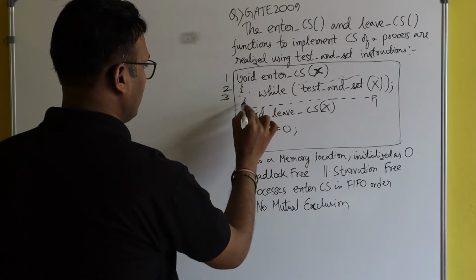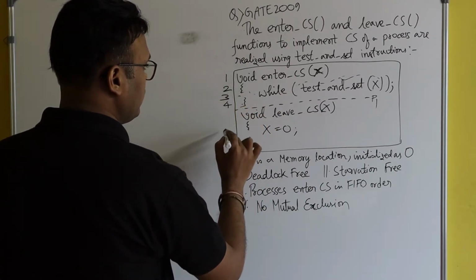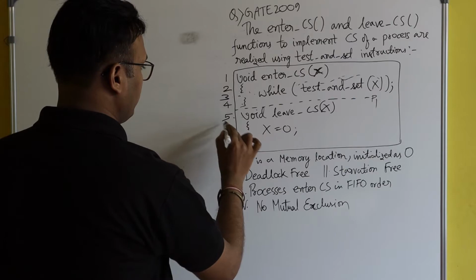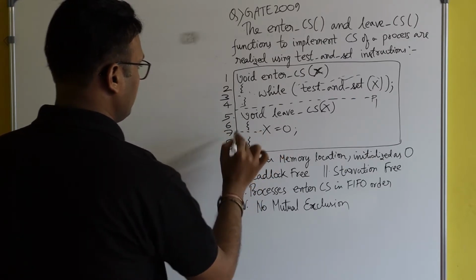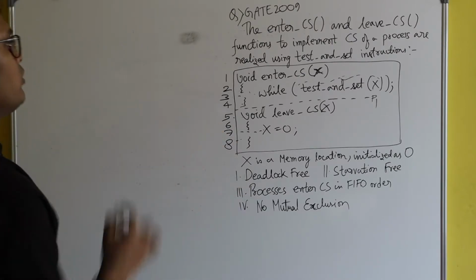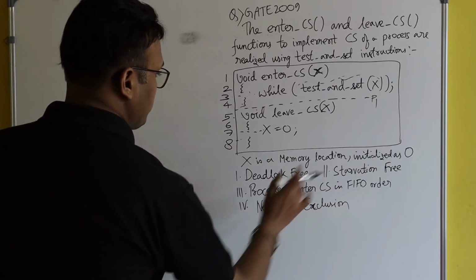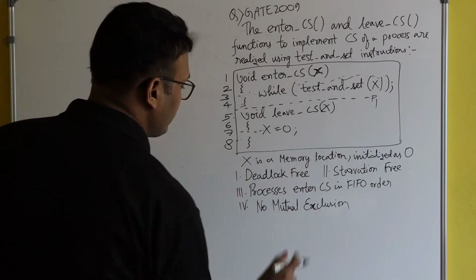Then this bracket is fourth one, then this one is 5, 6, this is 7, this is 8. Suppose P1 wants to enter. So I am explaining whether it is starvation free or not.